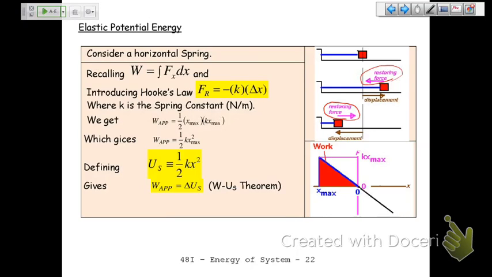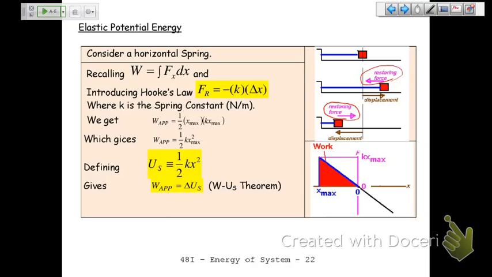And then the other thing that makes springs interesting is that they don't follow the same kind of force law that gravity does. As we'll see later, gravity follows an inverse square law. If I double my distance from the center of the Earth, I get 1/4 the pull of gravity.